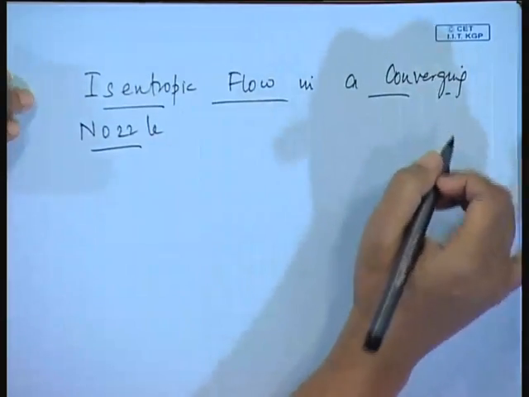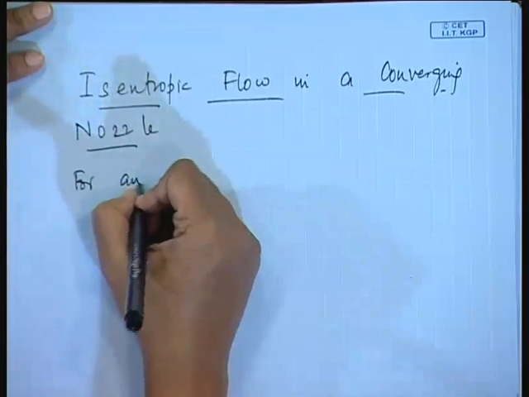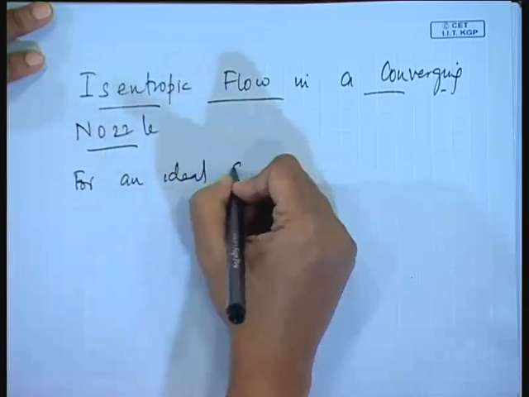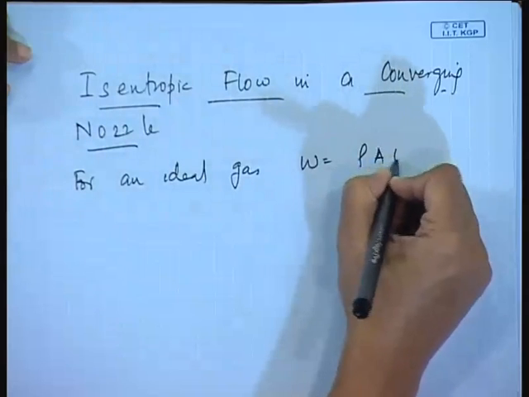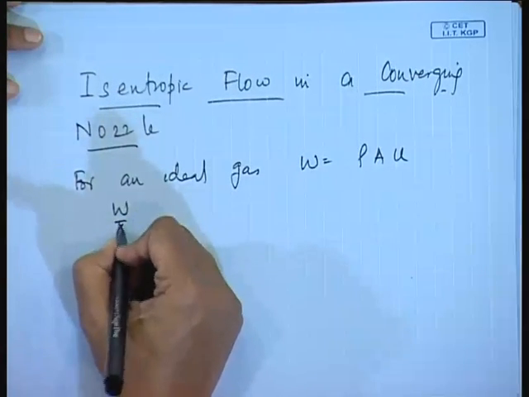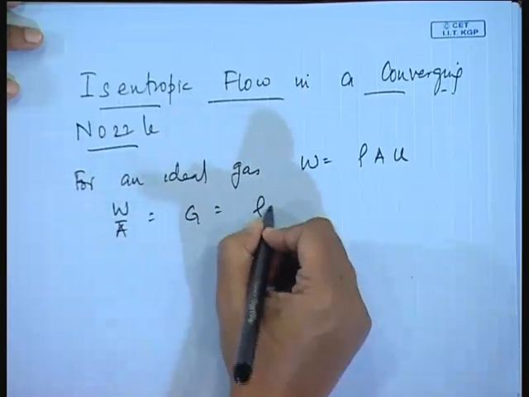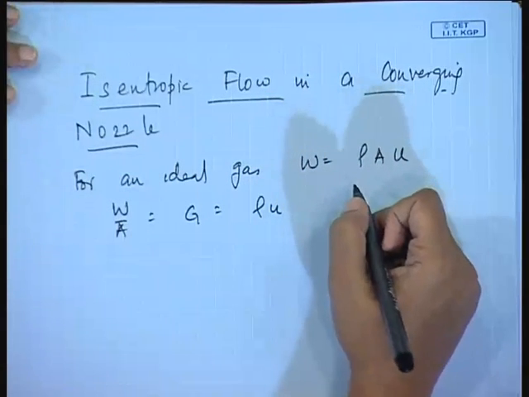So, for this particular case, we know that for an ideal gas in a converging nozzle, W equals to this, all of us know, or in other words, W by A, this is nothing but G, this is equal to rho u, this we know.